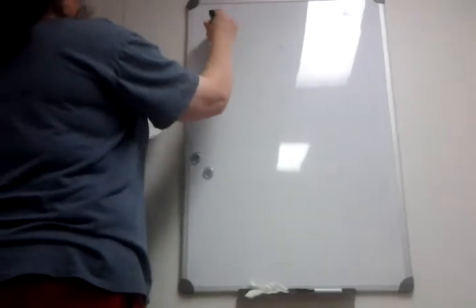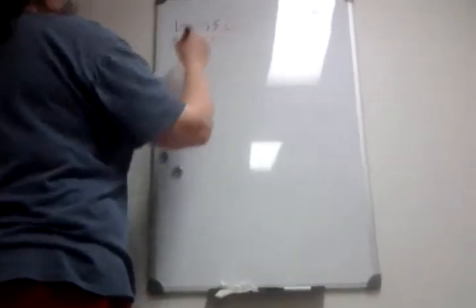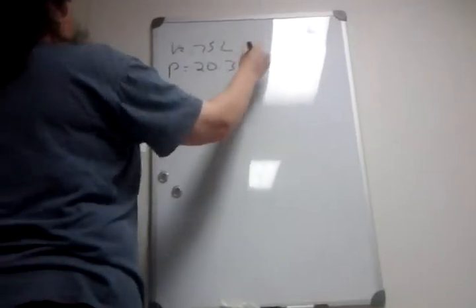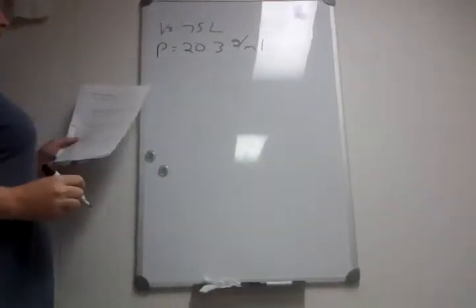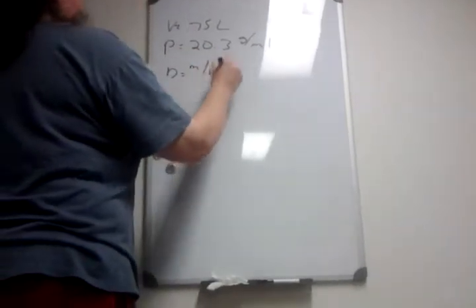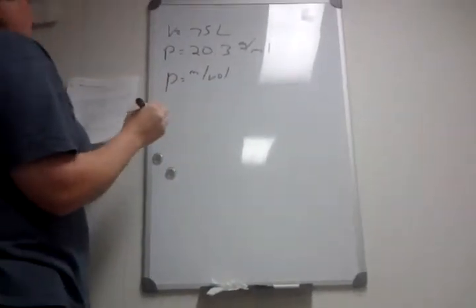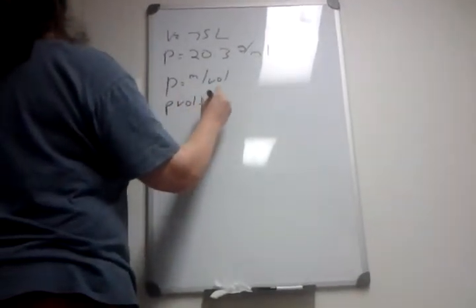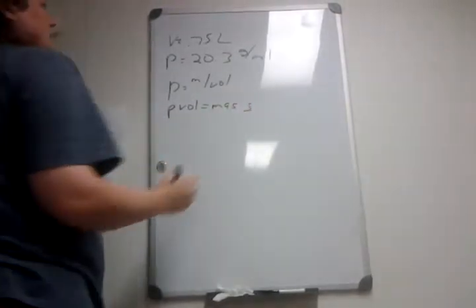Okay, the next one gives you a mass. It gives you a volume of 0.75 liters, and the density of, we just worked one just like this, 20.3 grams per milliliter. We know that density equals mass divided by volume. So if we're trying to find mass, density times volume equals mass.